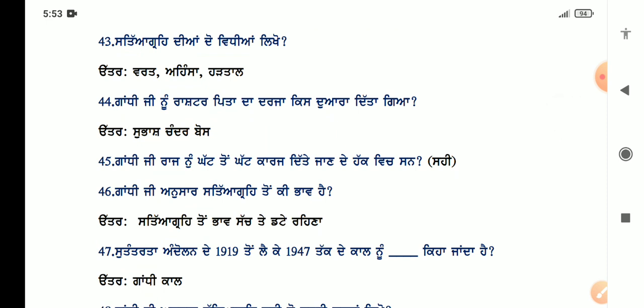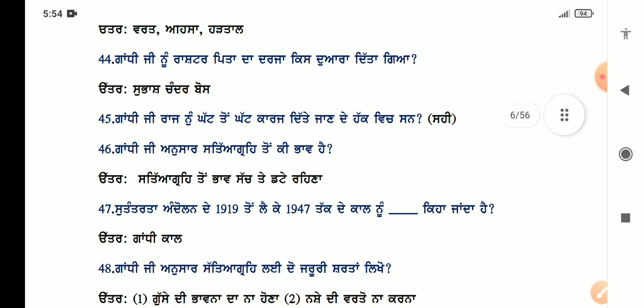Who gave the title of Father of the Nation to Mahatma Gandhi? Subhash Chandra Bose. Mahatma Gandhi was in favor of giving minimum work to the state. Right or wrong? It is right.